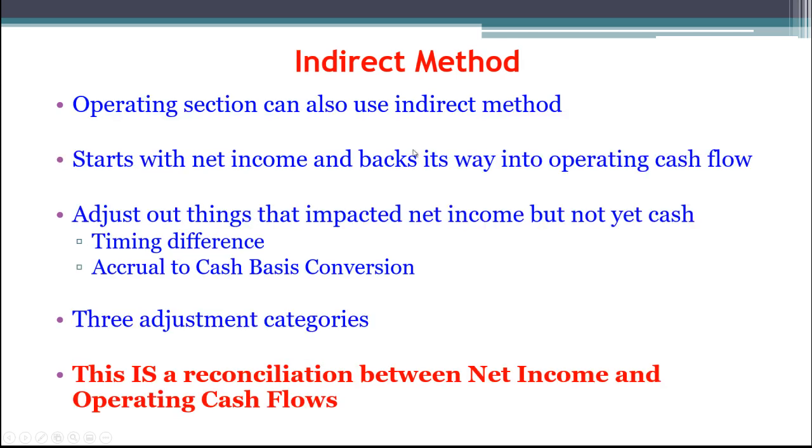Now, the problem with that, and the reason that over 97% of the companies in the United States do not follow the FASB recommendation, is that those companies instead use the indirect method. One of the reasons is that the indirect method is the reconciliation between net income and operating cash flows. So essentially it's either you do the direct method and the indirect method, or you just do the indirect method. For obvious reasons, companies choose the indirect method.